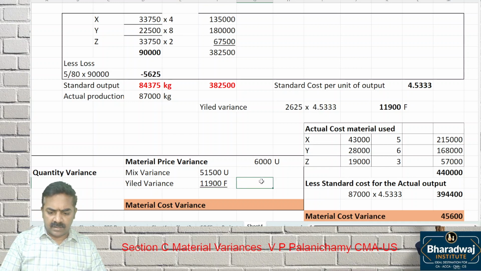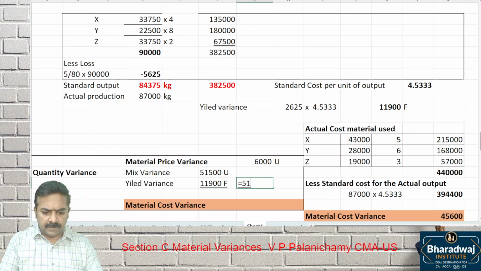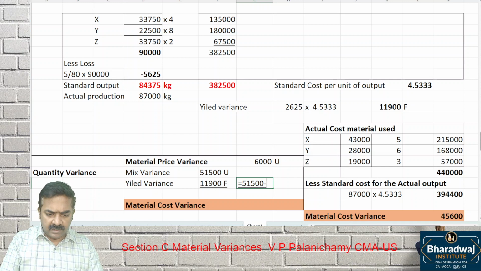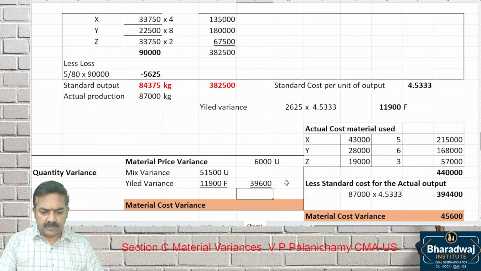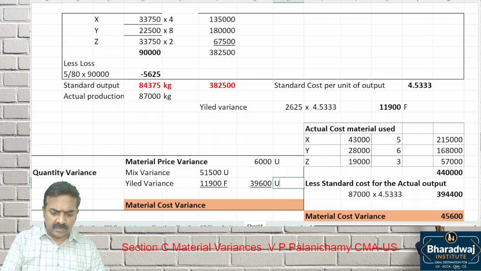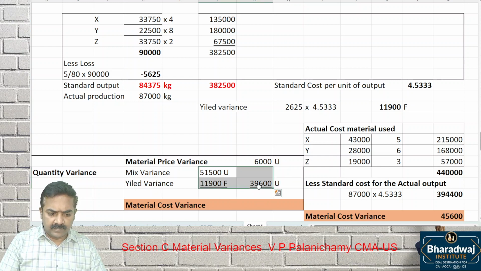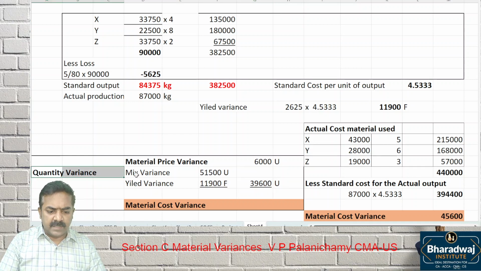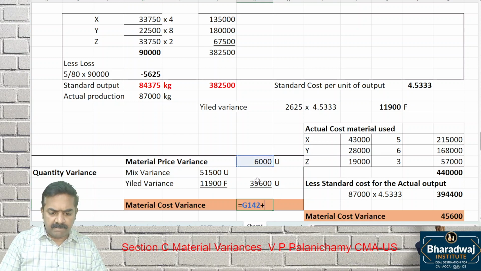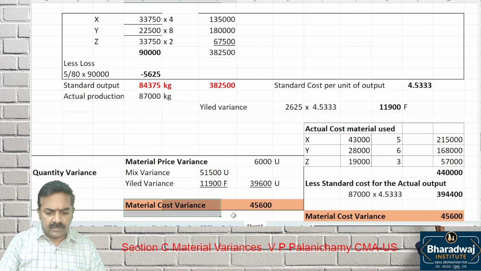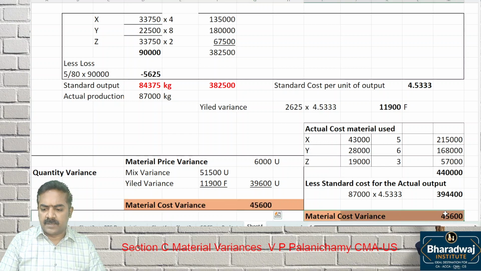What is the net one? 51,500 unfavorable, 11,900 favorable. Quantity variance arises because of mix variance and yield variance. So the material cost variance we reconciled is 45,600. That is what the material cost variance is.